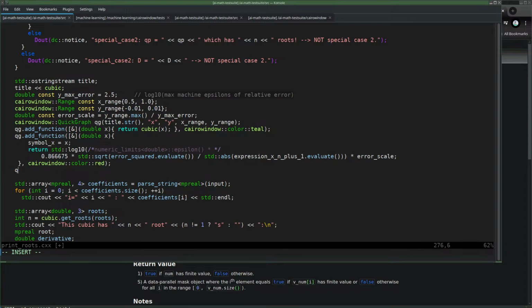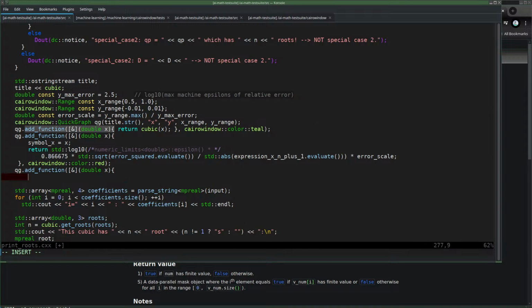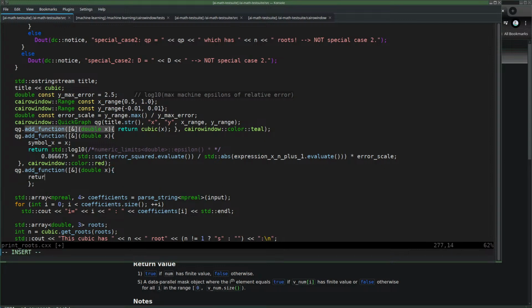I think I want to add. Let's compare it with the red one, so we have to use the logarithm of 10 as well.